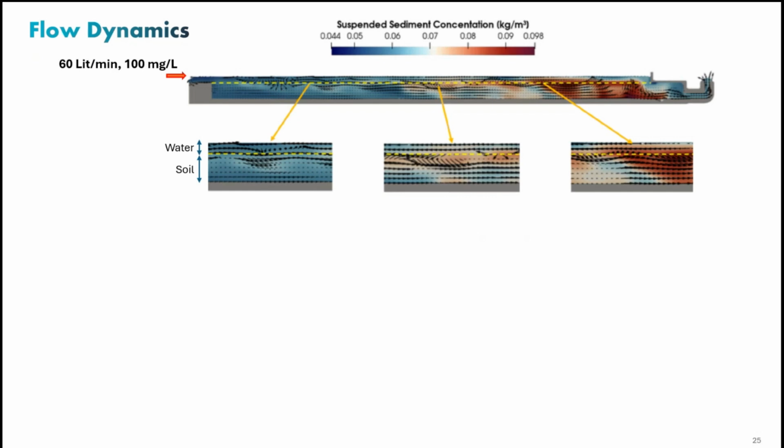As you can see, for the 60 liter per minute flow, the flow above the yellow line is moving back towards the entrance. So it's replicating what we saw in the lab. But the flow through the soil is going towards the outlet. So they're acting in 2 different directions. Next, please.